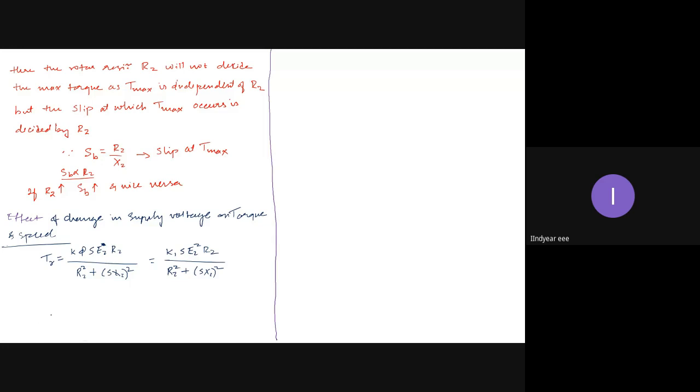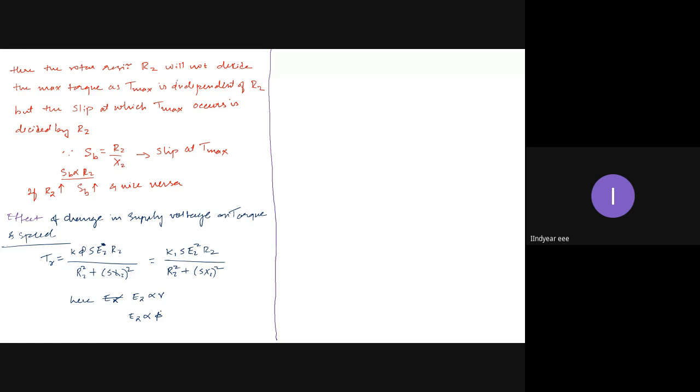Okay. Now here, E2 is proportional to V. Why is it proportional to V? Because E2 is proportional to the stator flux. Induced EMF is always proportional to the flux which is inducing it.